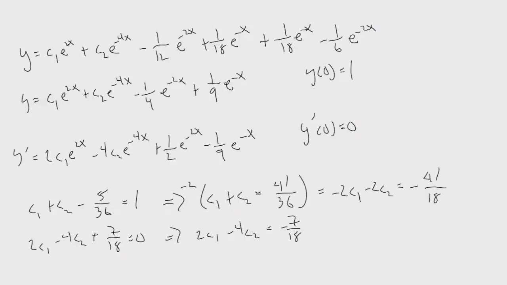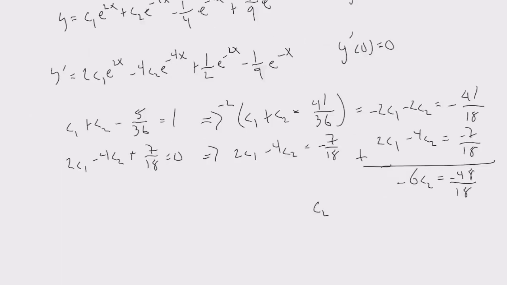That's convenient. So 2c1 minus 4c2 equals negative 7 over 18. We'll just add those two together. That'll give me negative 6c2 equals negative 48 over 18. So that says that C2 would be 4/9.